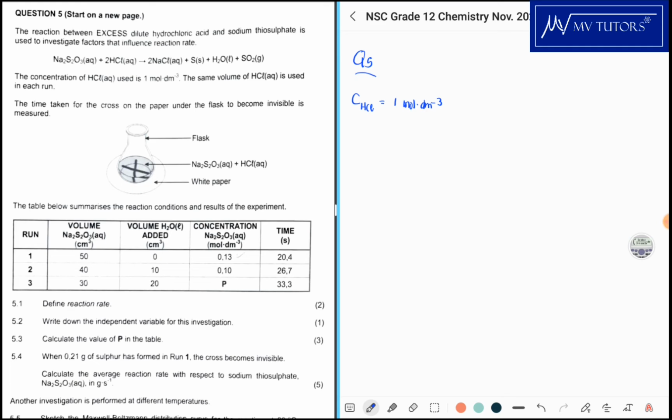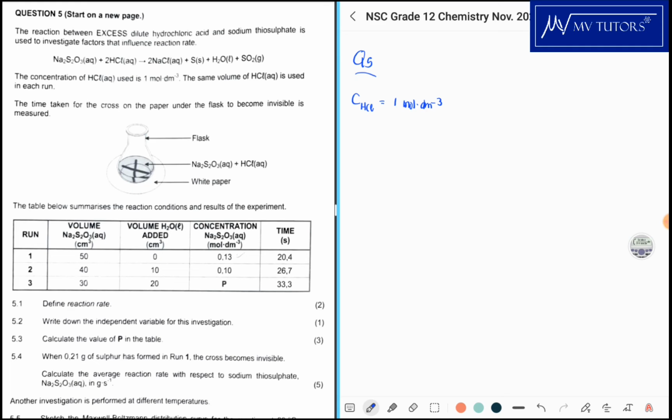If it takes very long for X to disappear, then the reaction rate is quite slow. So we measure the time it takes for X to disappear.